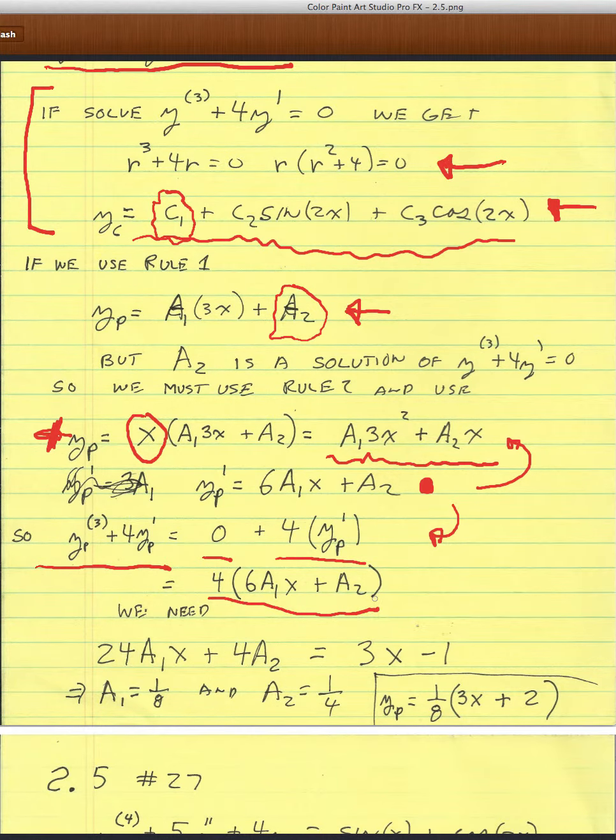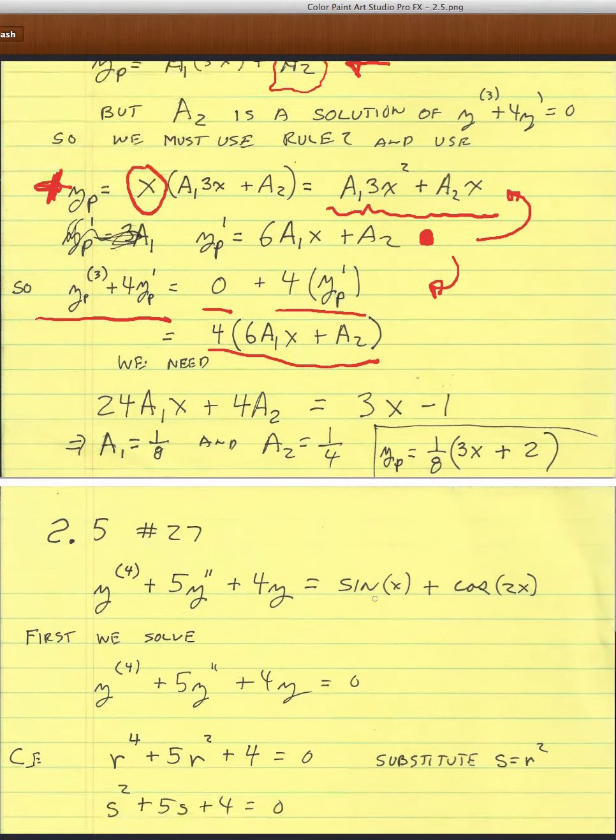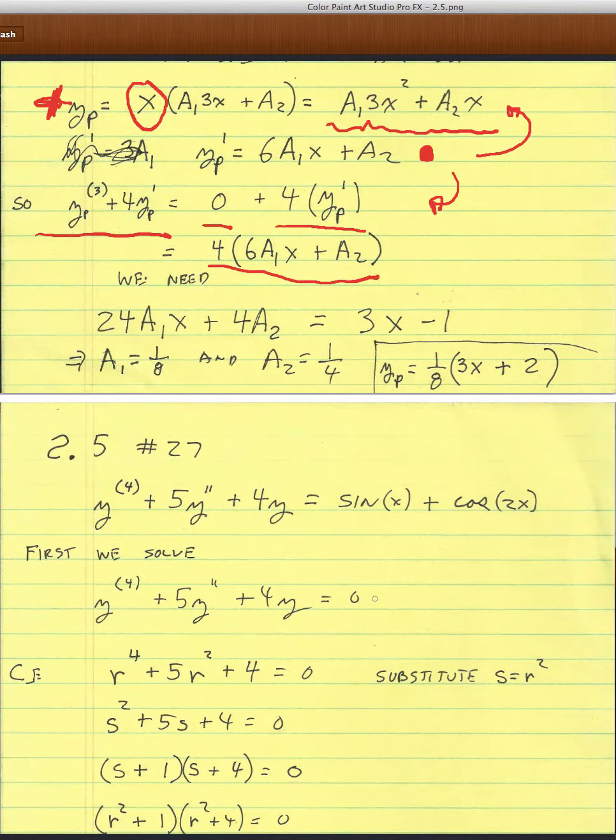So what we need to have here for our solution is 24 times a1x plus 4 times a2, and we need that to be equal to the right-hand side of our differential equation, that is 3x minus 1.